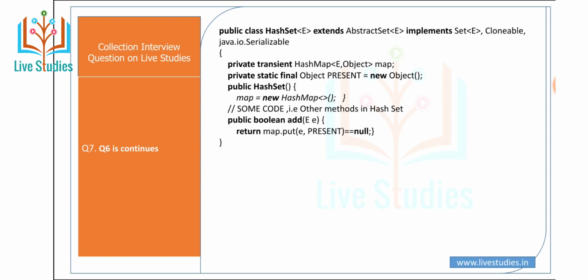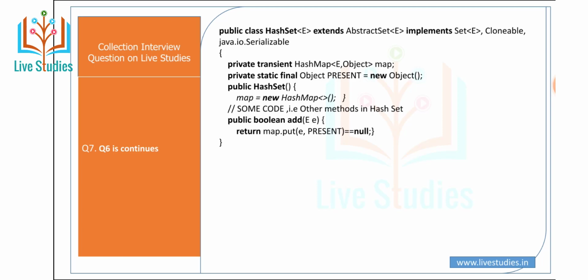So we are achieving uniqueness in a Set internally in Java through HashMap. Whenever you create an object of the Set, an object of the HashMap is created, as we can see in the code above. As you know, in a HashMap each key is unique.